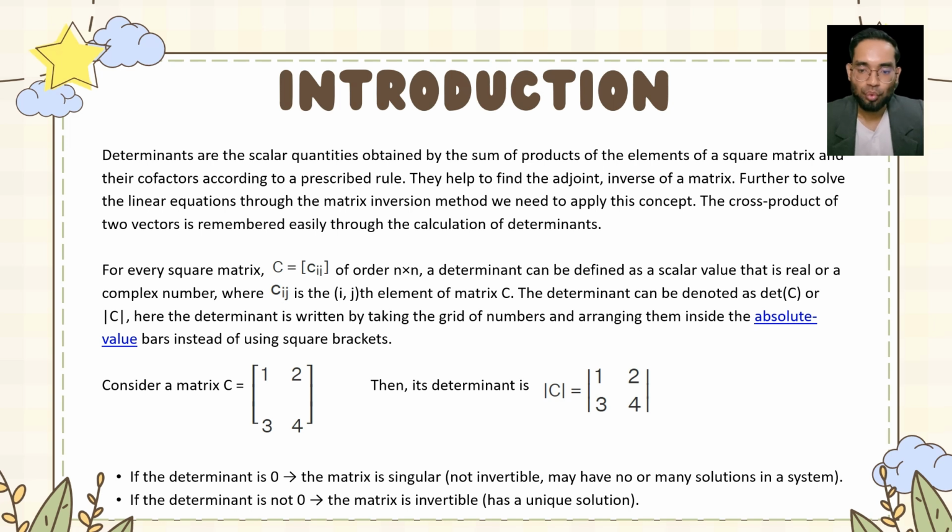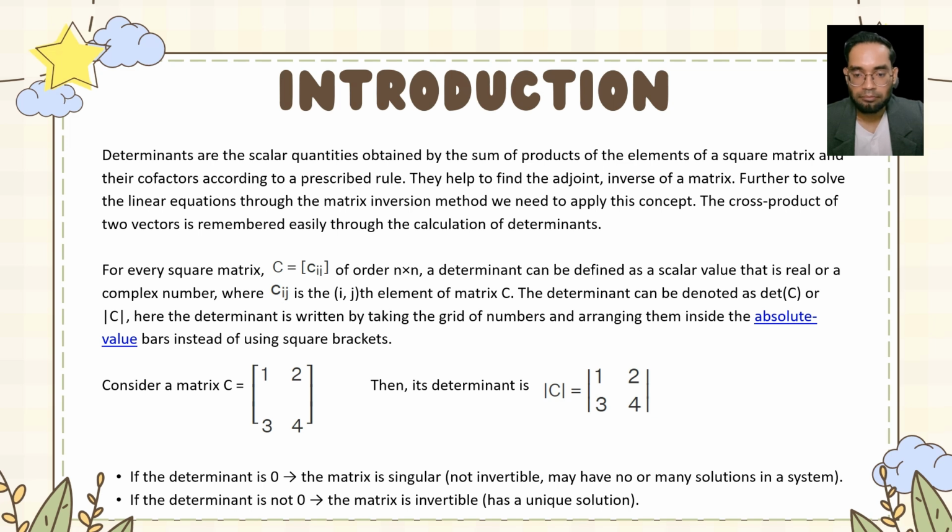For every square matrix of order n times n, a determinant can be defined as a scalar value that is a real or complex number, where in this case Cij is the ij element of matrix C. The determinant can be denoted as D, Det C, or |C|.